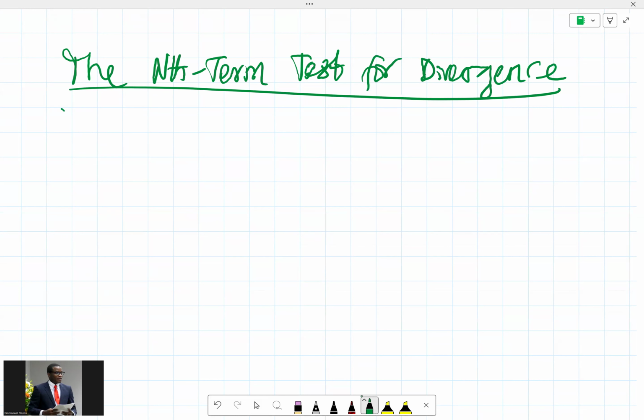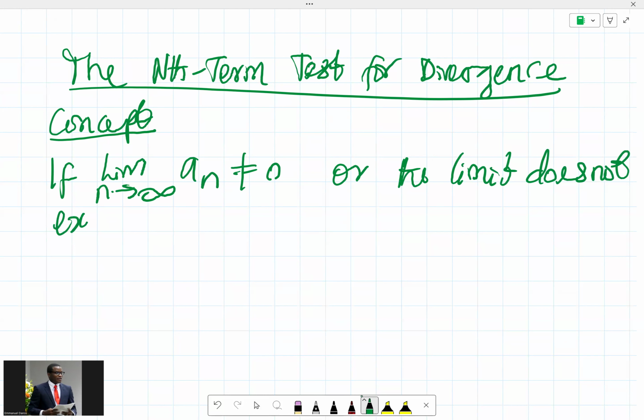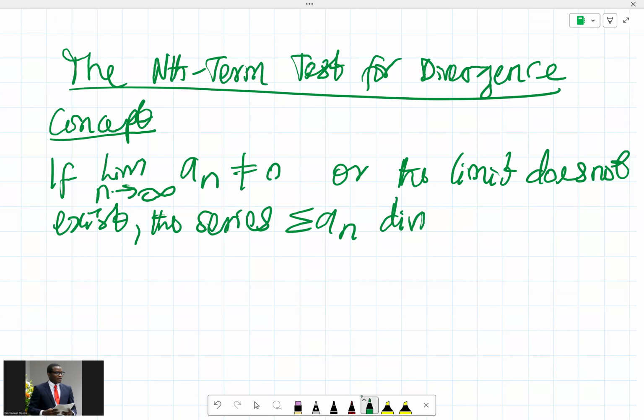The idea is that if the limit as n approaches infinity of a particular an in a sequence is not equal to 0, or the limit does not exist, then we can say that the series of an diverges.